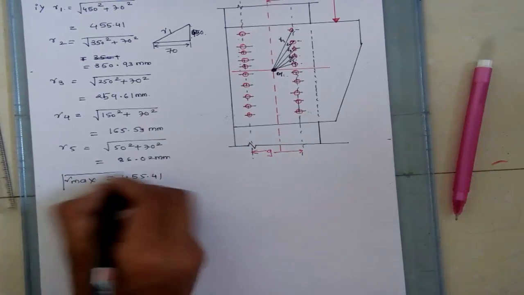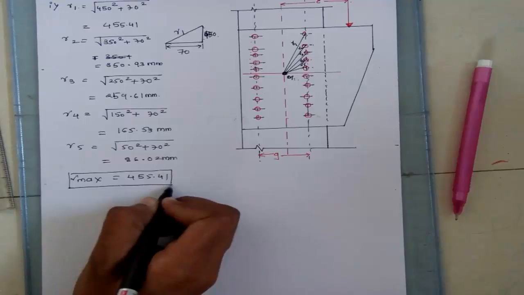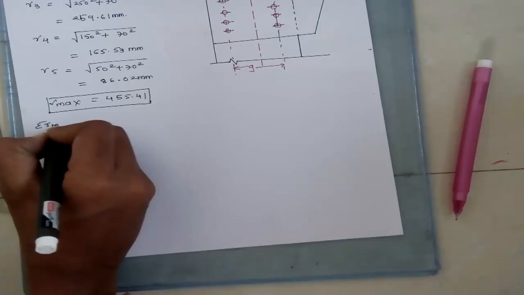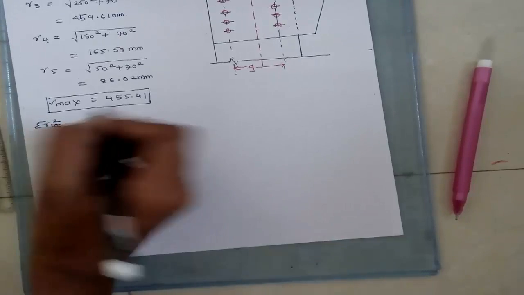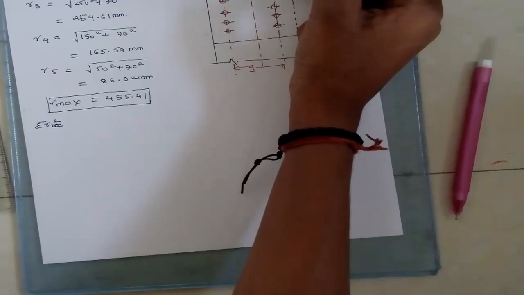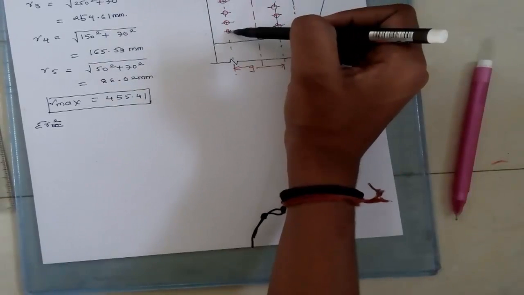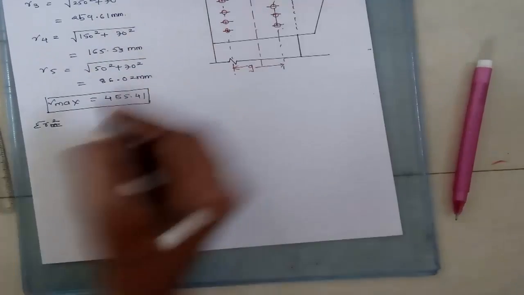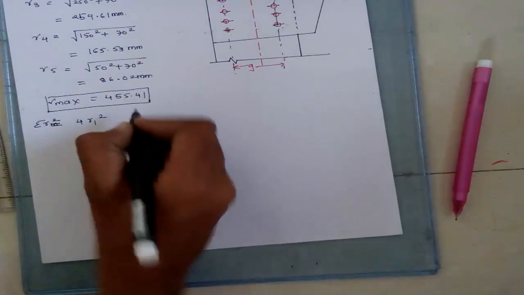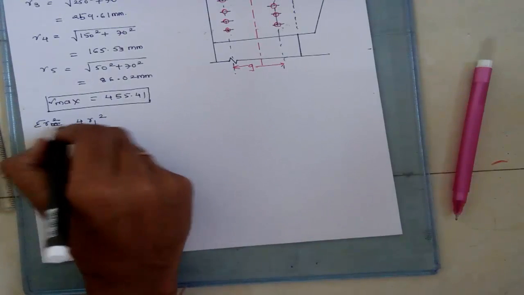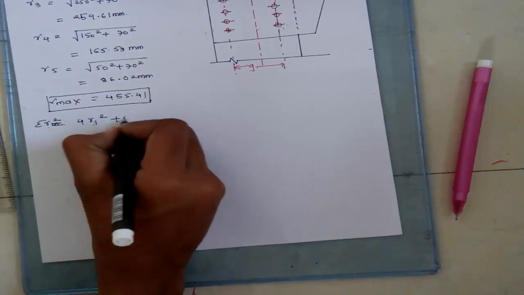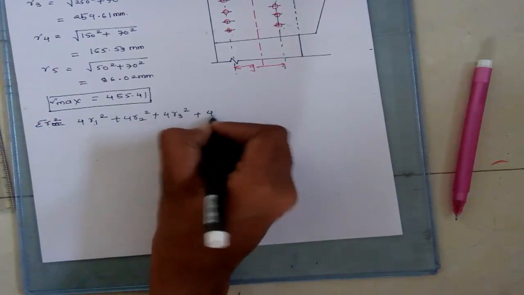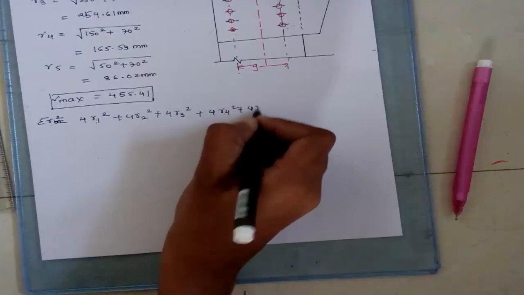The maximum value, R max, from the above values is 455.41 mm. This value is required for the force in the bolt due to twisting moment. The summation of R square equals 4 R1 square plus 4 R2 square plus 4 R3 square plus 4 R4 square plus 4 R5 square.